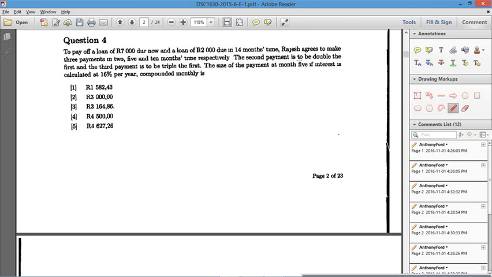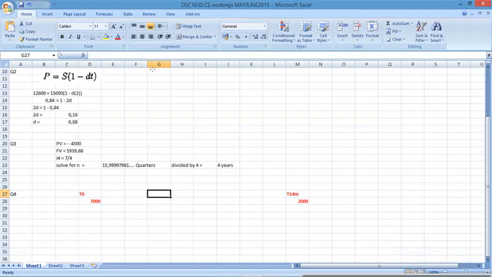The second payment is to be double the first and the third payment is to be triple the first. Okay, so 2, 5 and 10. So X there, that's one payment, double the payment, and triple the payment.